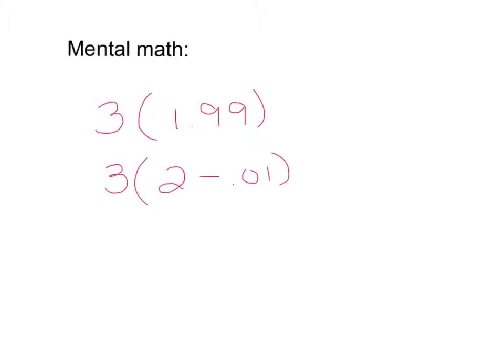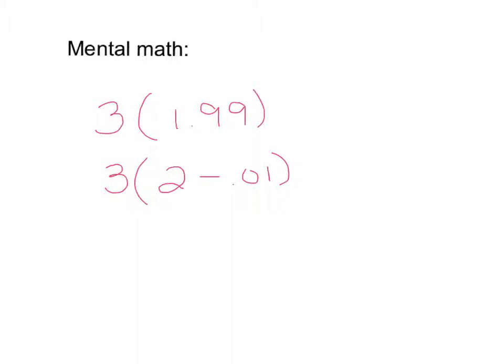First topic to mention is this whole idea of mental math. For example, if I wanted to know what 3 times $1.99 was, what I would actually think of this as is 3 times 2 minus basically a cent, $2 minus a cent.